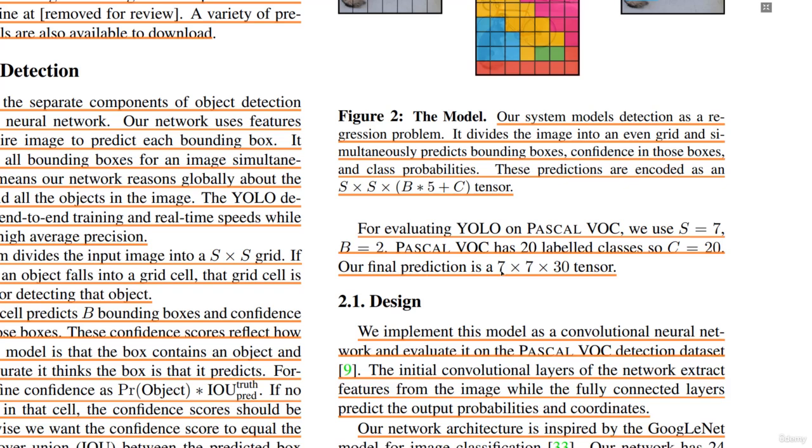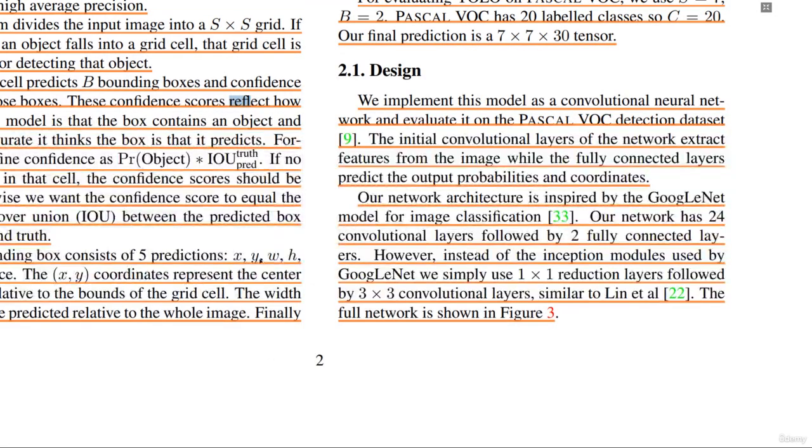Now the final prediction is a 7 by 7 by 30 tensor. This is gotten with this formula right here, where we have the 7 by 7 grid cells, times the number of predictions per grid cell B times 5, plus C. Now this 5 is for the X, Y, W, H, and the confidence score.